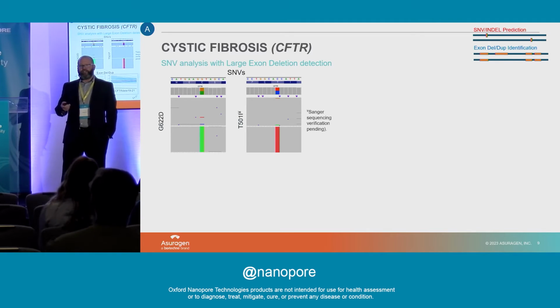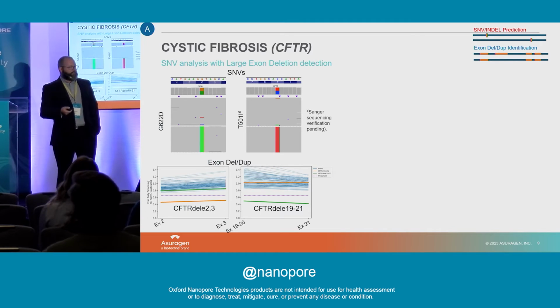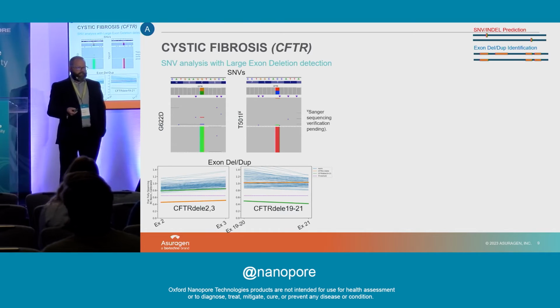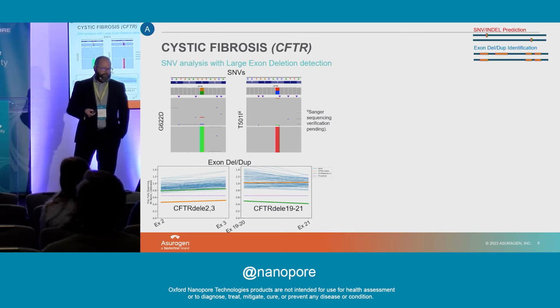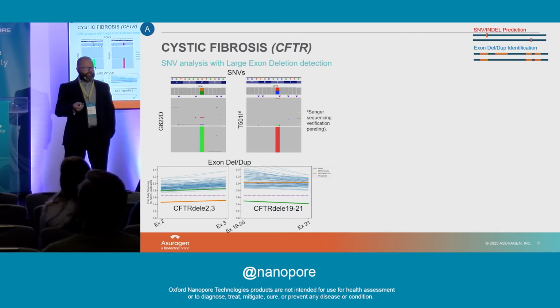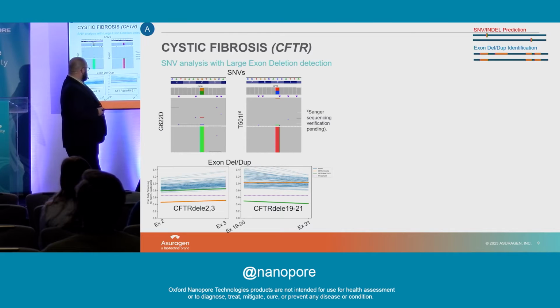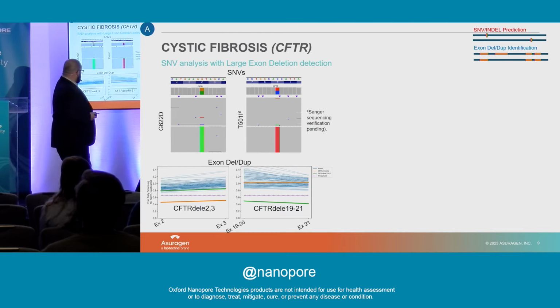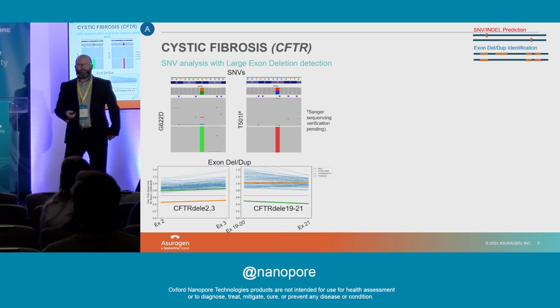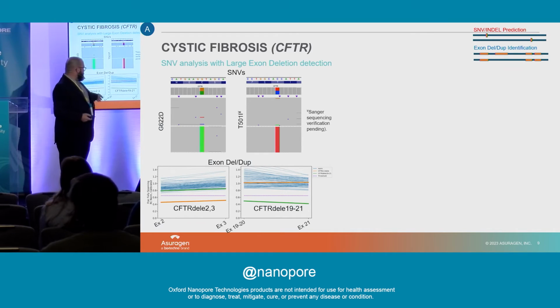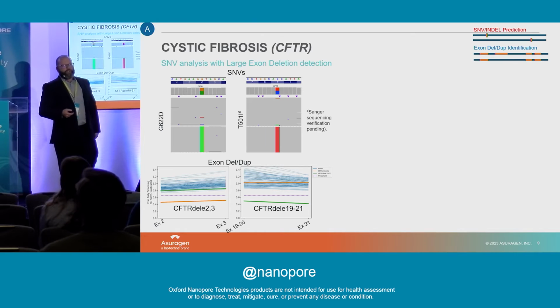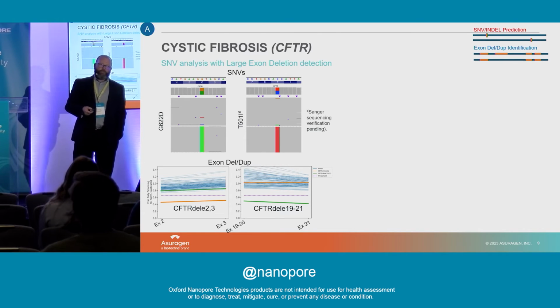We've also looked at exon del/dups, CFTR DELI23 and DELI19 and 20. These are more prevalent del/dups in CFTR, and we're easily able to identify those. The orange line on the right side, or your left side, is DELI23, and that sample falls below the purple dotted line listed here.